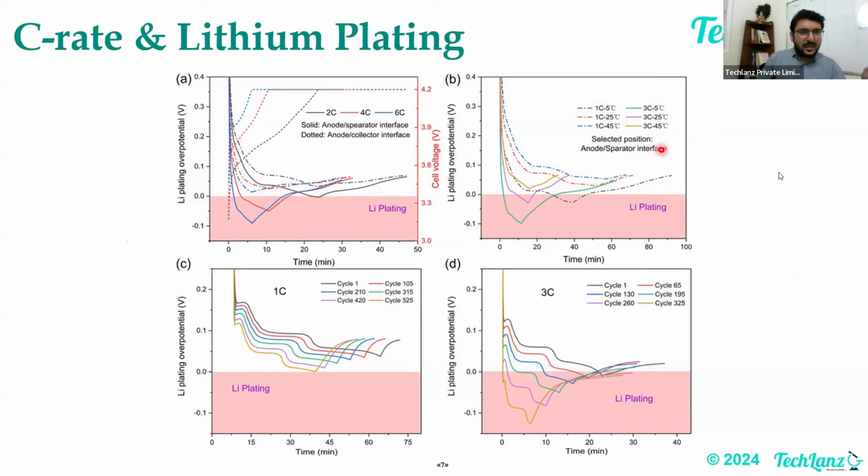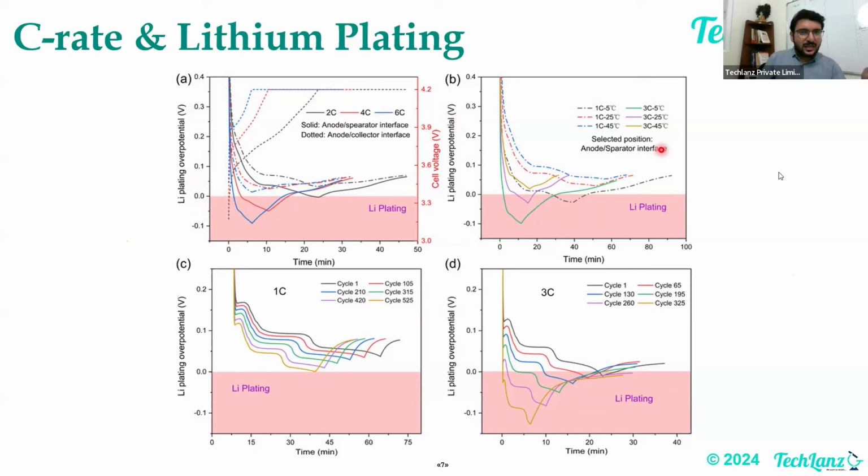So if you see this, what happens? This is called lithium plating overpotential. You're not supposed to go below zero, because when you're talking about a lithium system, zero is the standard electrode potential for a half cell of lithium metal. When you go below this, that is lithium plating, which means the lithium ions will combine with each other and form the metal.